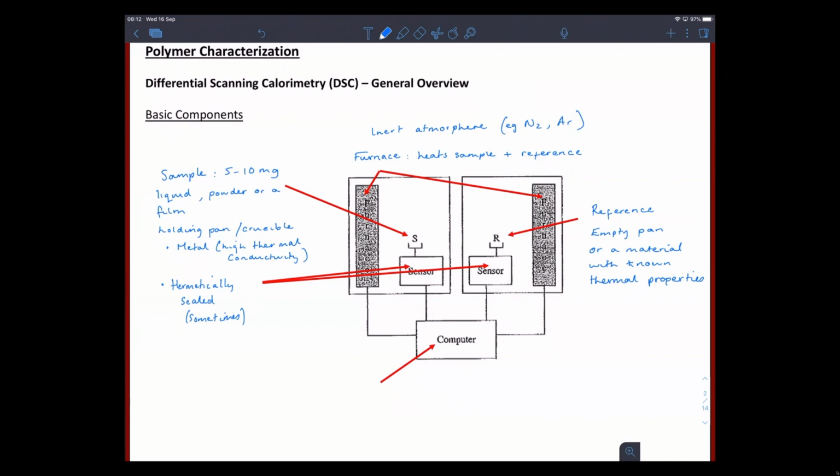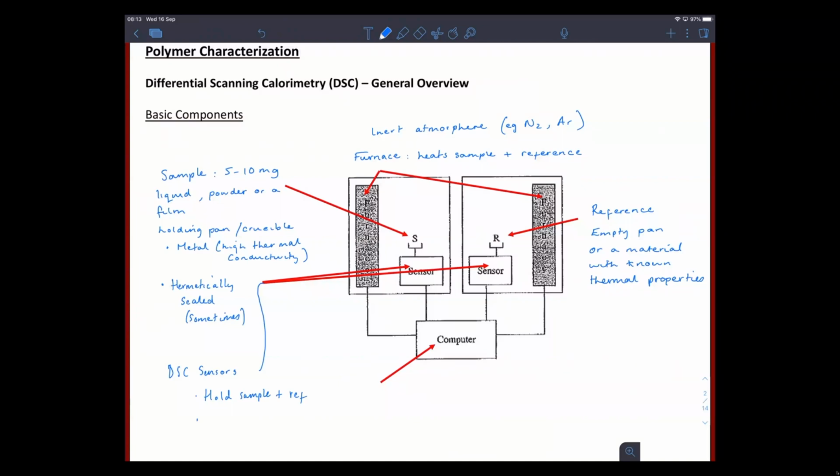Then underneath our samples, we have sensors. They've got our DSC sensors, and they hold the sample and the reference. So the sample and the reference sit directly on top of the sensors. And it records changes in power to maintain temperature.